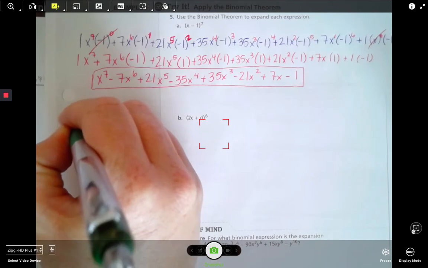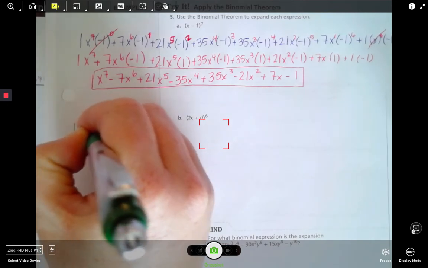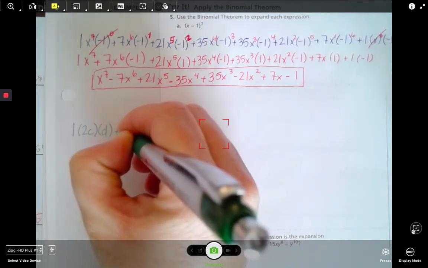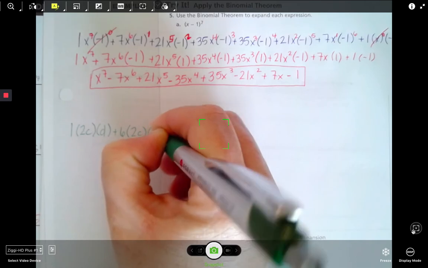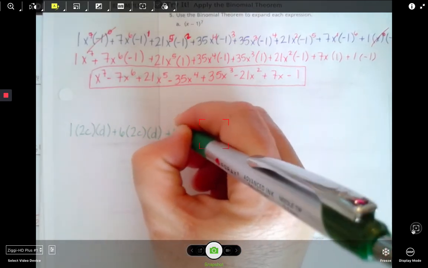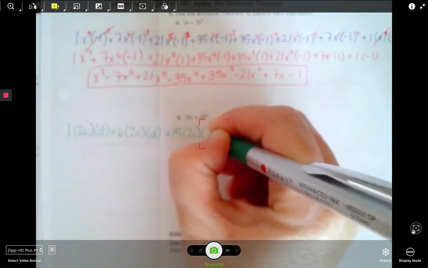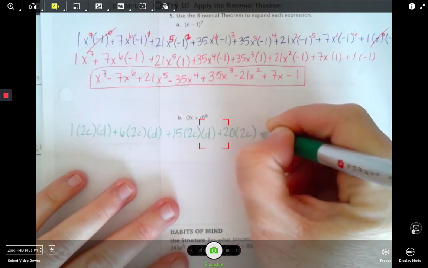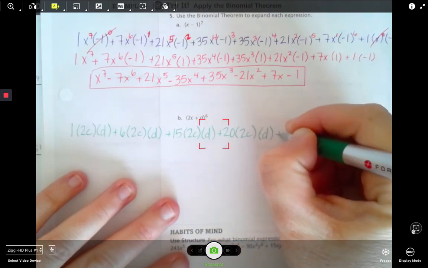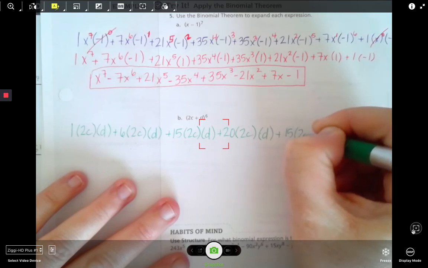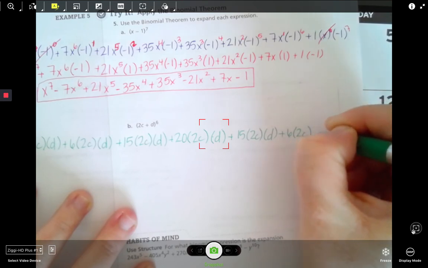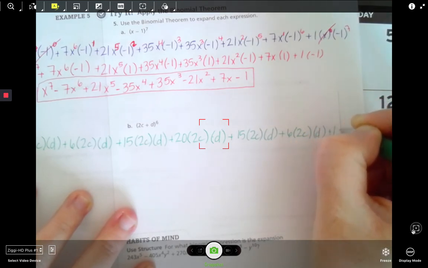So I've got 1 times 2c times d plus 6 times 2c times d plus 15 times 2c times d plus 20 times 2c times d plus 15 times 2c times d plus 6 times 2c times d plus 1 times 2c times d.